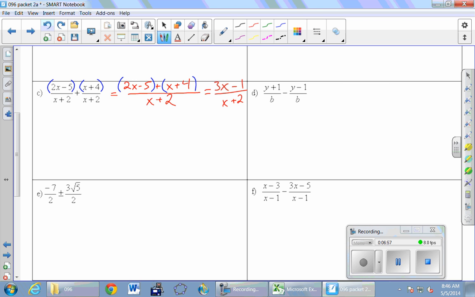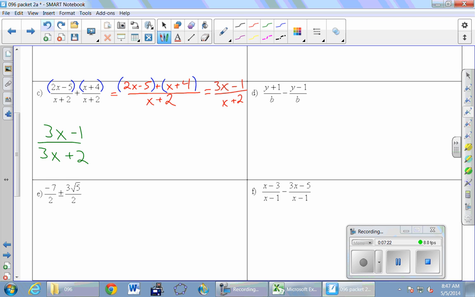Victor? Yes, you can cancel the 3's. You could also cancel the x's. But is that the problem here? Now we can't cancel anything. Nope.